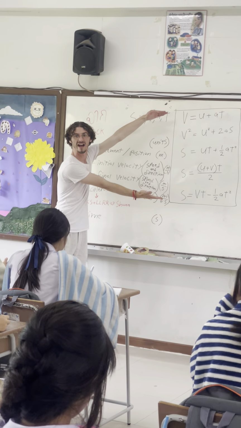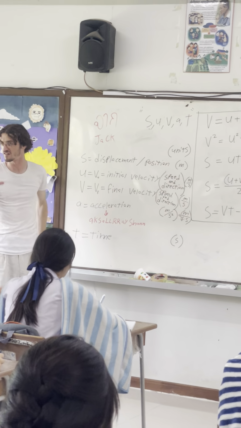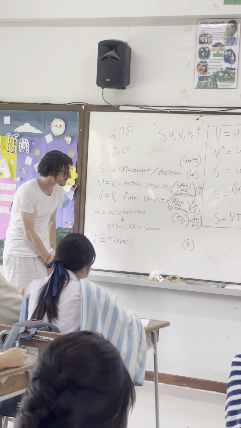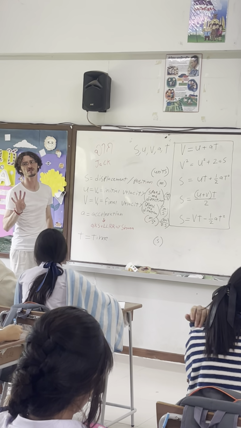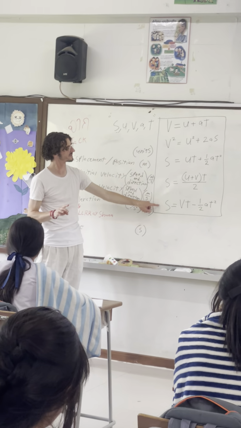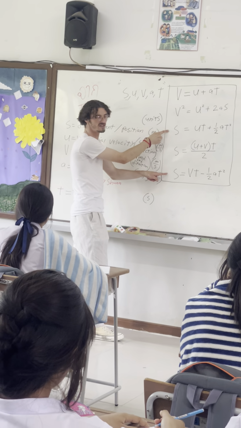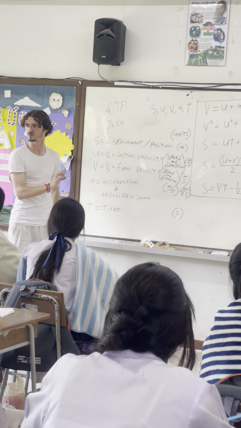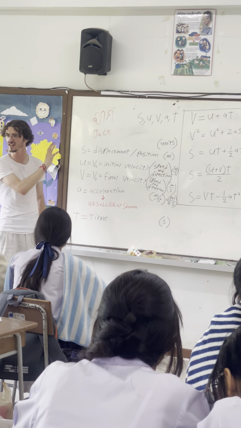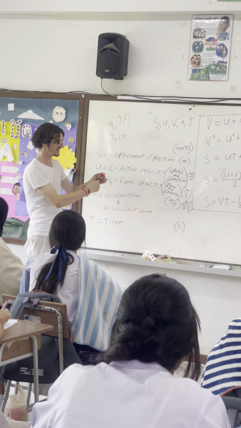These are the SUVAT equations. There are 5 of them. You could really just use 4. This one and this one are very similar, but you can use all of them. They're all always true. You can use any of these anytime.